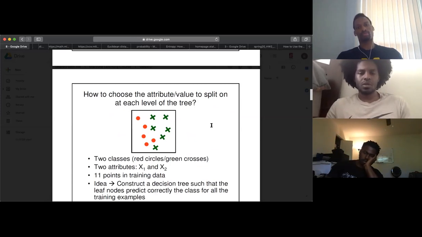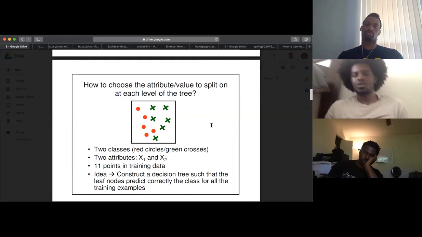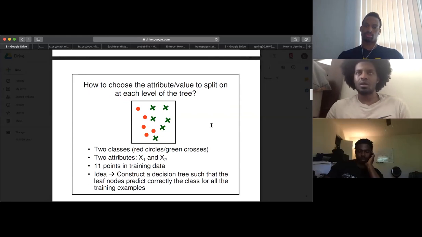First off, you have to pick the best feature to split on, right? So you need to determine which of your attributes are the most important, and how you determine what's important is specifically looking at which one gives you the most information.